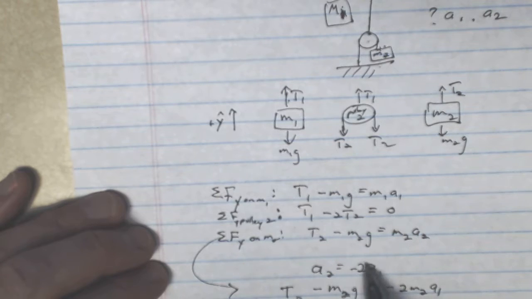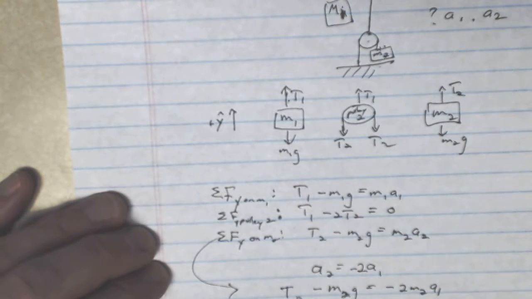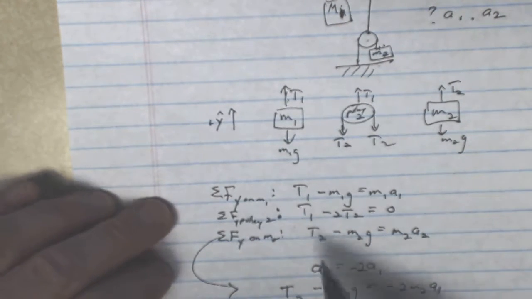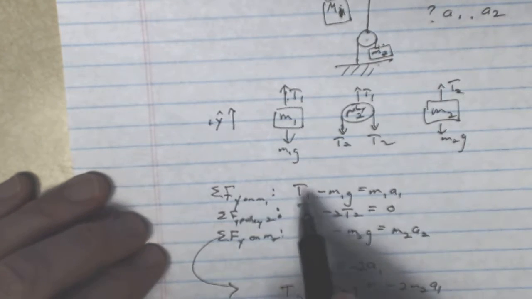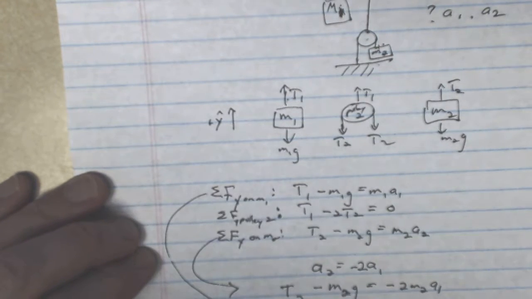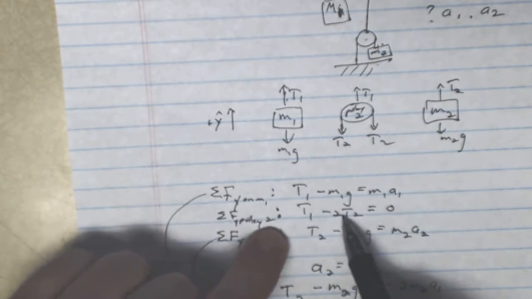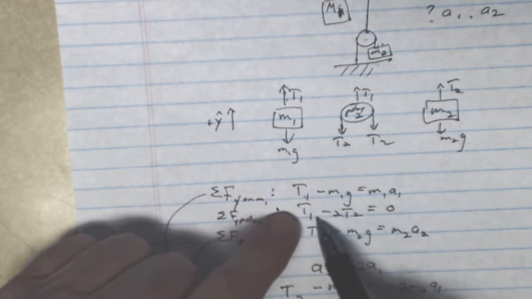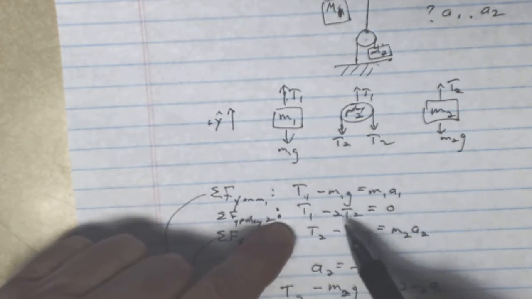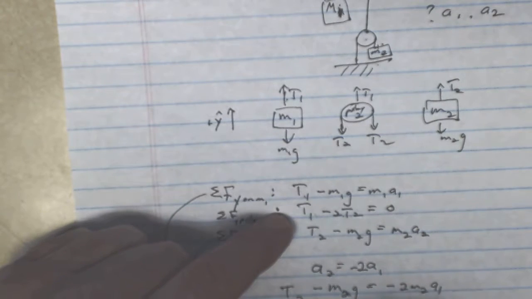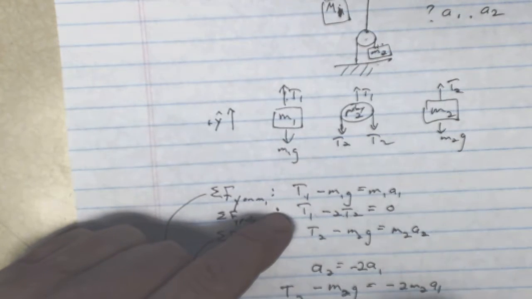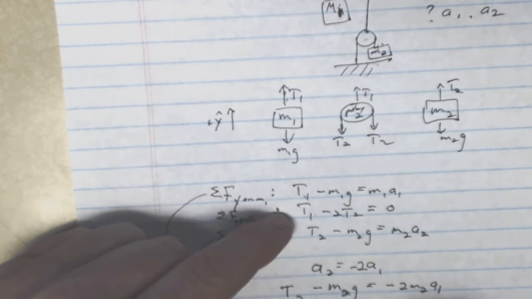I replace A2 by negative 2A1. Likewise, I can take this equation and I can use the second equation to replace T1 by 2T2 here, because T1 equals 2T2. So this becomes 2T2, okay, minus M1G equals M1A1.